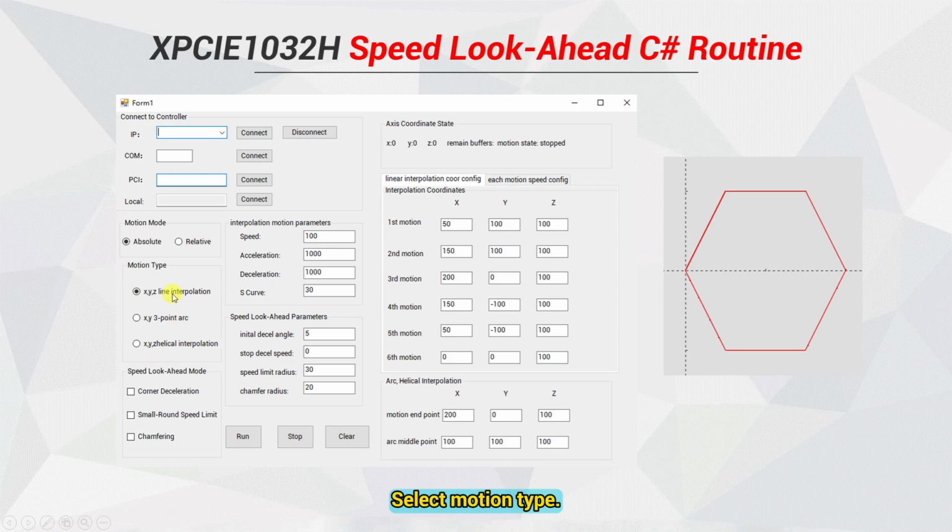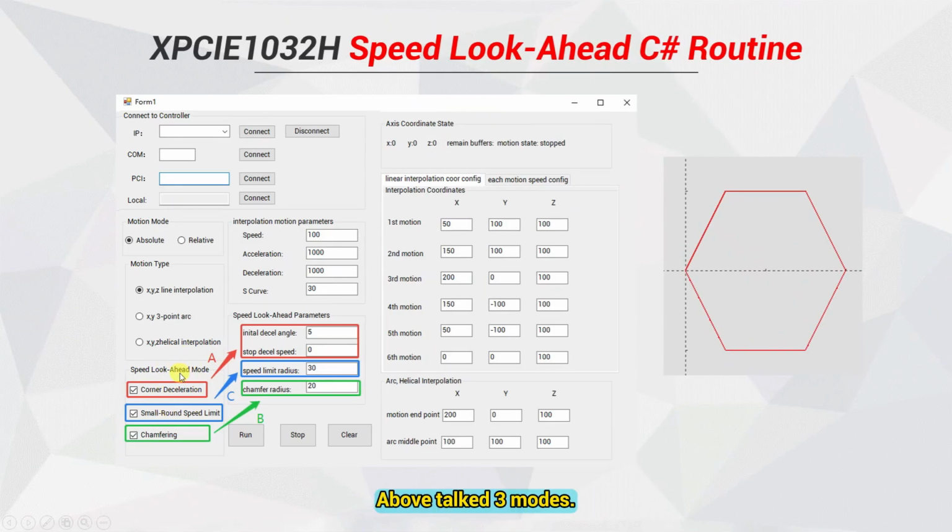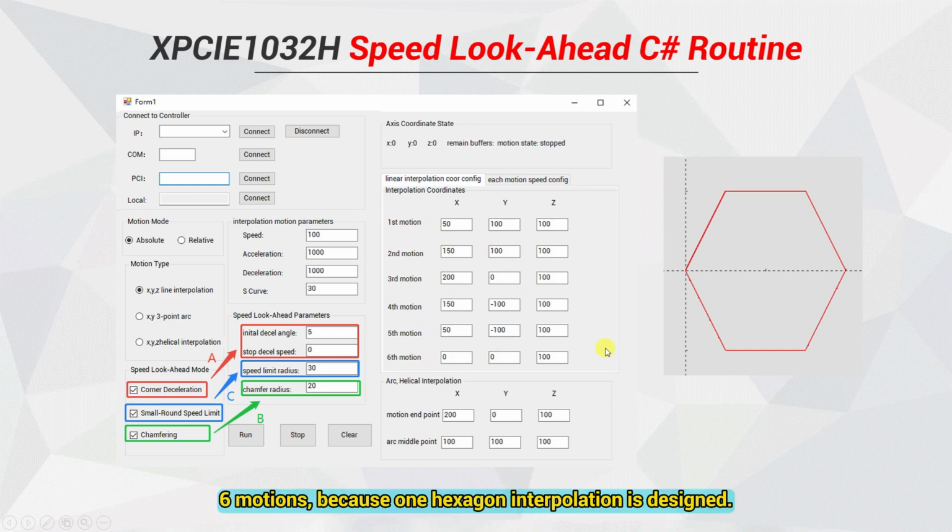Select motion type. This is the most important. Above talked 3 modes. Which one you need, check it. And set corresponding parameters in here. Then, here, set your motion trajectory. 6 motions, because one hexagon interpolation is designed. Corresponding axis coordinates and states can be known from here.